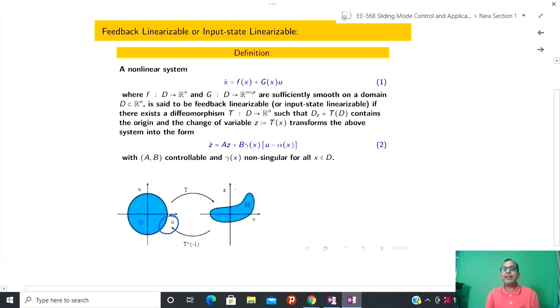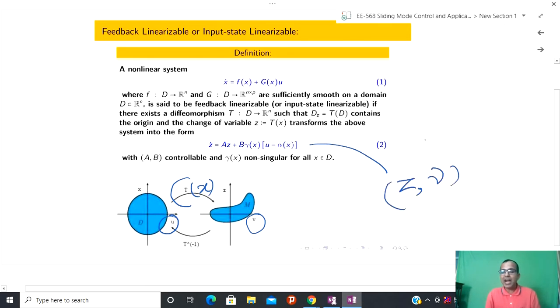Now what feedback linearization suggests is that you can apply some kind of state dependent transformation, such that I can move to some other coordinate frame z, where now I have another control nu for the linear system. Basically, once you design u equal to alpha x plus gamma inverse nu, then automatically the coordinate frame is just z and nu.